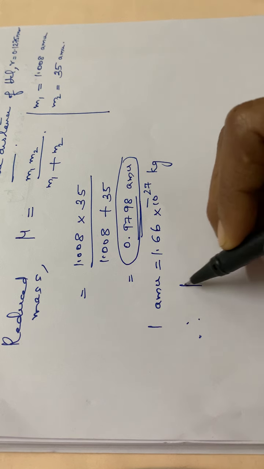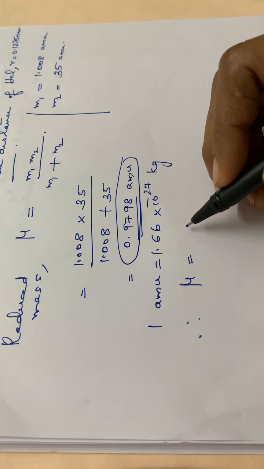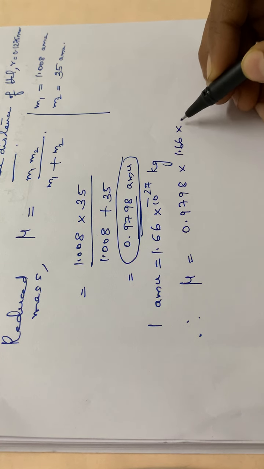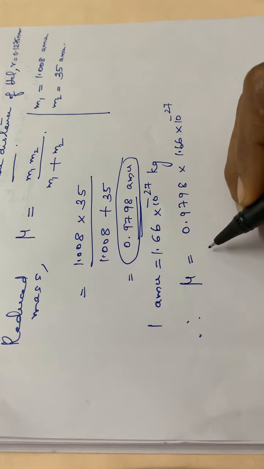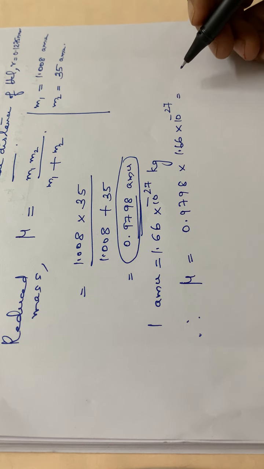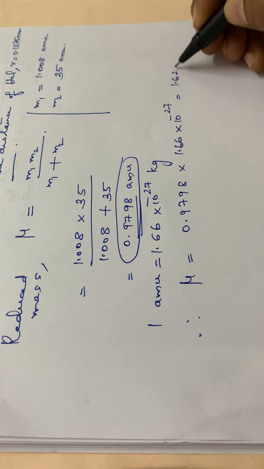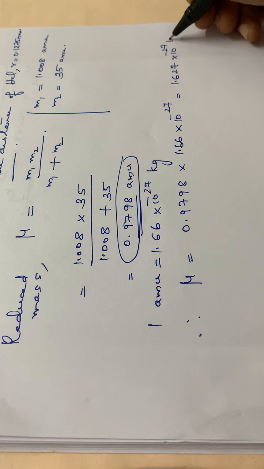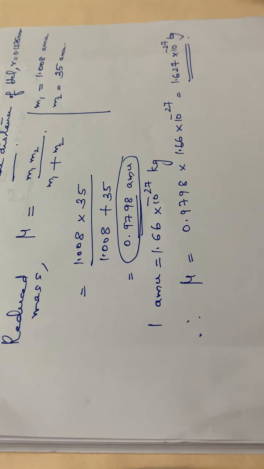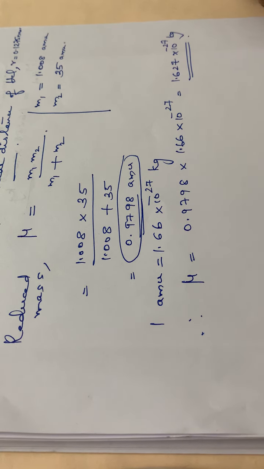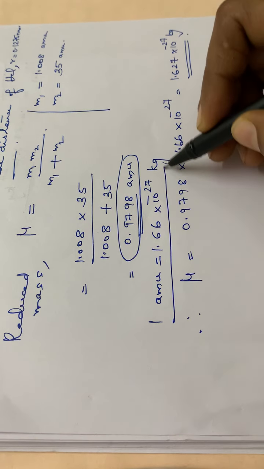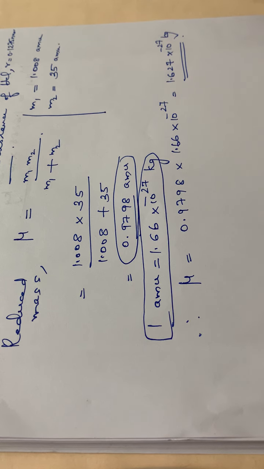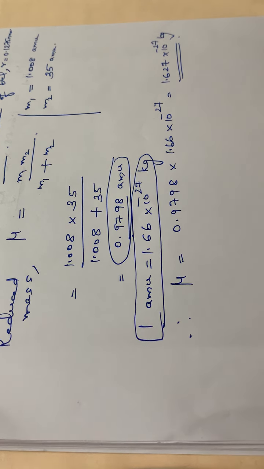Therefore, mu is equal to 0.9798 into 1.66 into 10 raised to minus 27, which gives 1.627 into 10 raised to minus 27 kilogram. This is the reduced mass in kilogram. You have to learn by heart this value, 1 AMU equals 1.66 into 10 raised to minus 27. So this is a very simple problem.